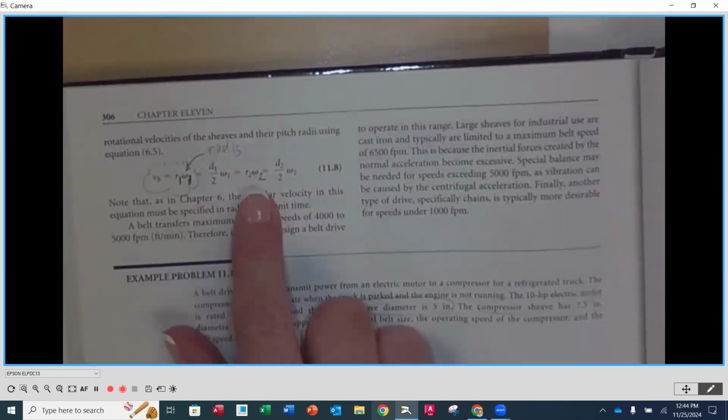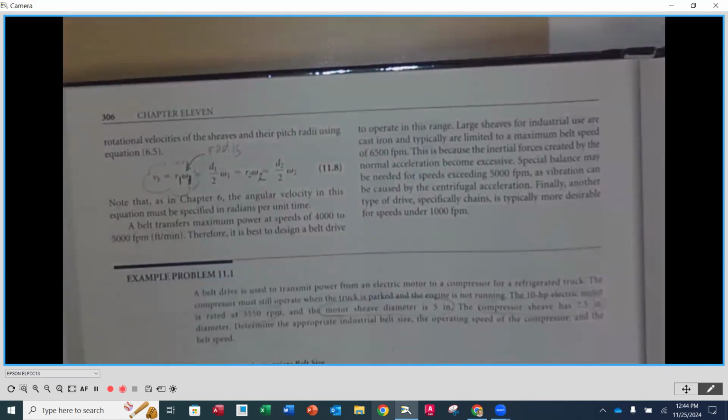So your R1 has to be multiplied by your W1. You cannot take the radius of your input and multiply it by the rotational speed of your output. They have to be the same. So you'll notice then here over on the right-hand side, our R2 has to be multiplied by our W2. So make sure that those get updated there.